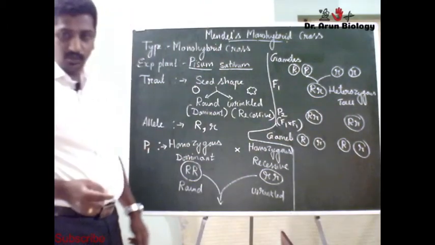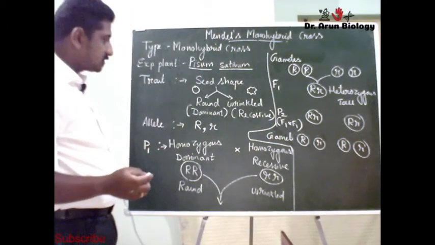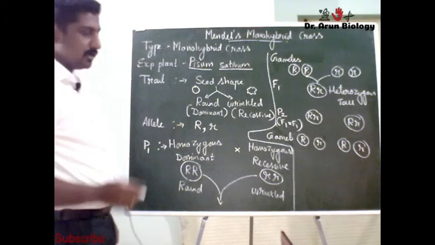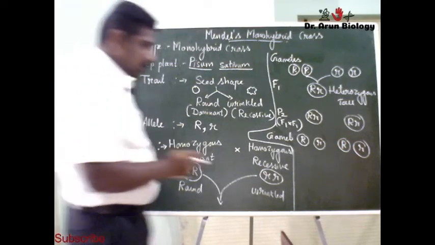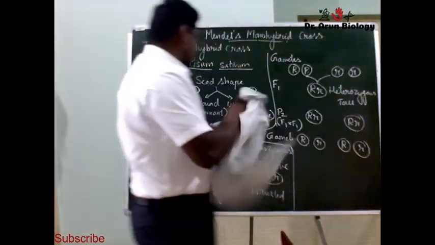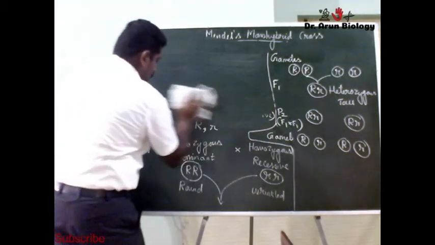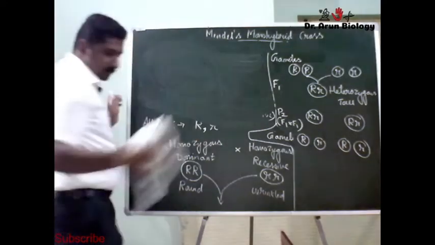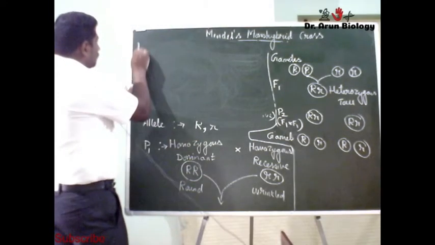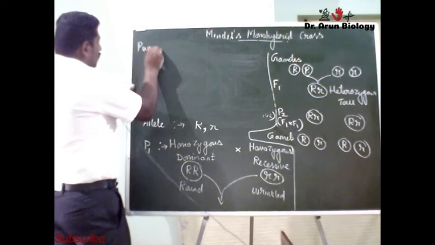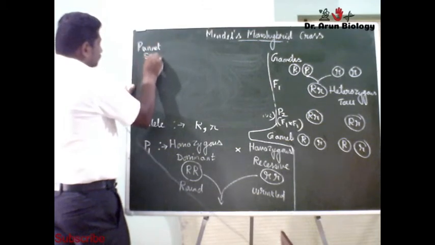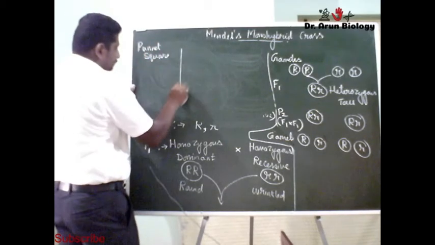So what do we have to do after this? After this, we have to perform a small cross called a Punnett square. I'll take the Punnett square here.